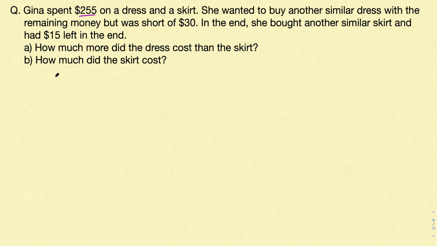So let's write it. So it's one dress plus one skirt is how much? It's $255, right? And let's say the total amount of money Gina is having is this much.